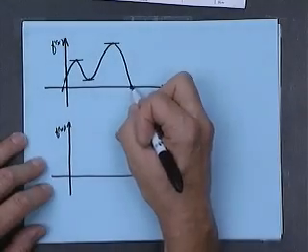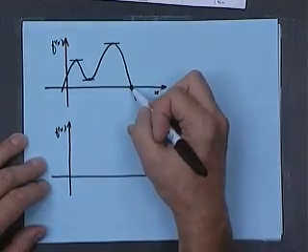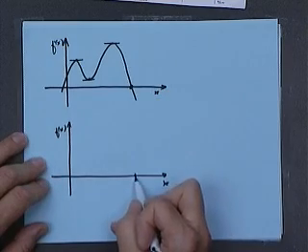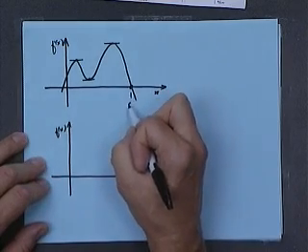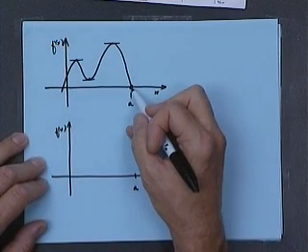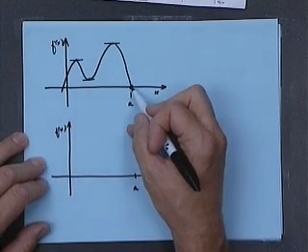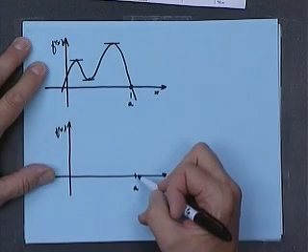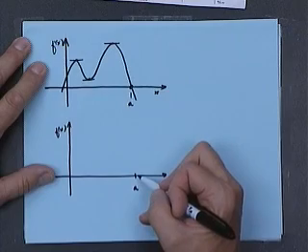First point I would actually use is this one. The derivative graph is 0 there. What does that say is happening right here, whatever that value is? Zero. On the derivative graph, the slope is 0. This graph should be what there? Flat.